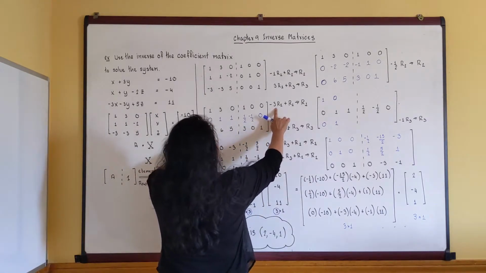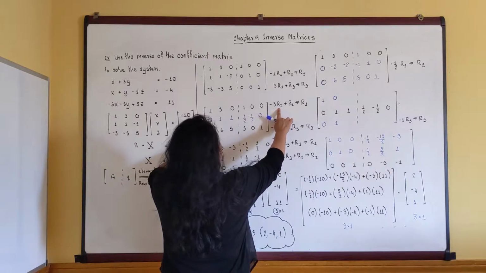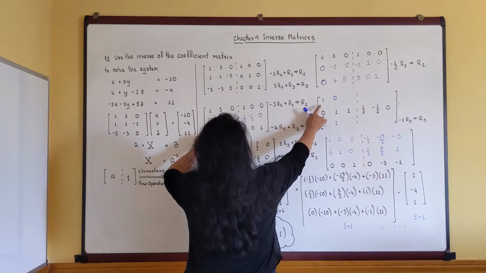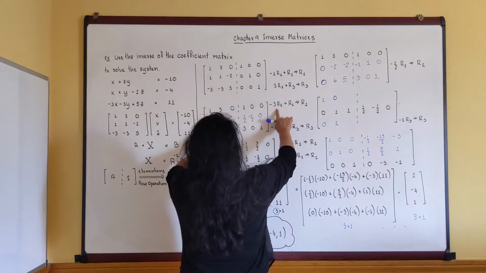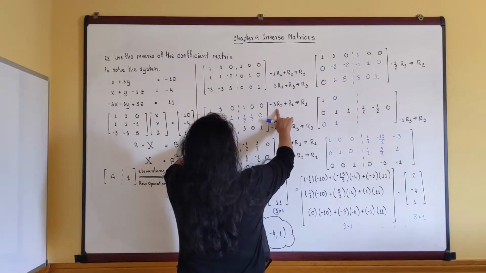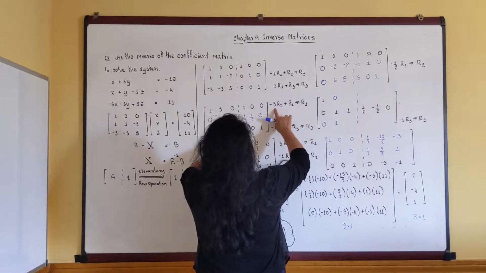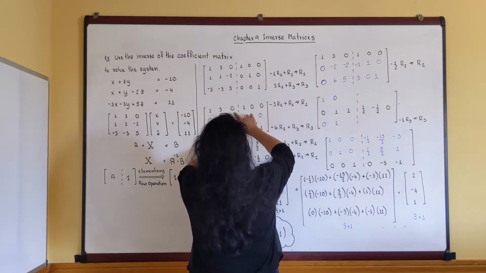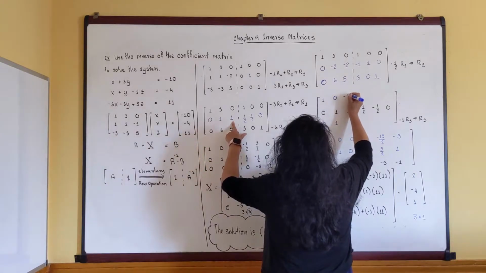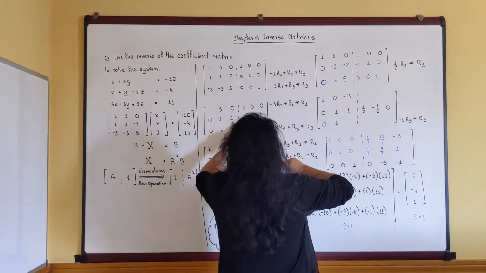So negative 3 times row 2, that's 0. So you're going to have 1. Negative 3 and 3, I got 0. So negative 3 and 0, so I get negative 3. And then I have to continue.